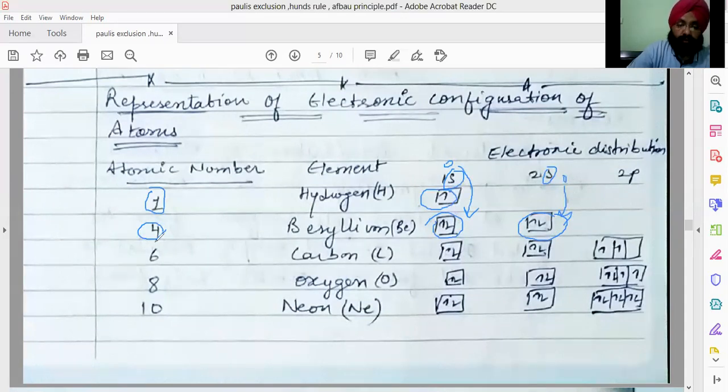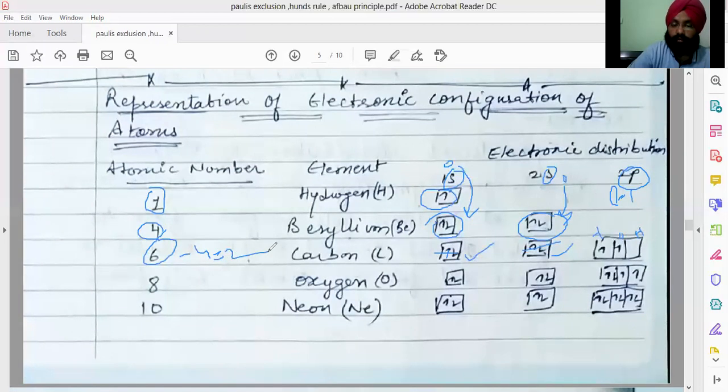Now in the case of carbon, 6 electrons are there. So in 1s, 2 electrons, in 2s, 2 electrons, and then 2p. Now for p, l is equal to 1. It means ml has values -1, 0, +1. So 3 orientations mean 3 orbitals. 2 are filled in 1s, 2 filled in 2s, so the remaining are 2.